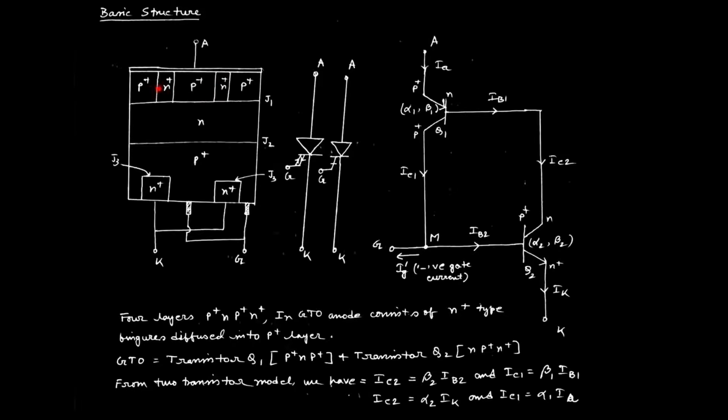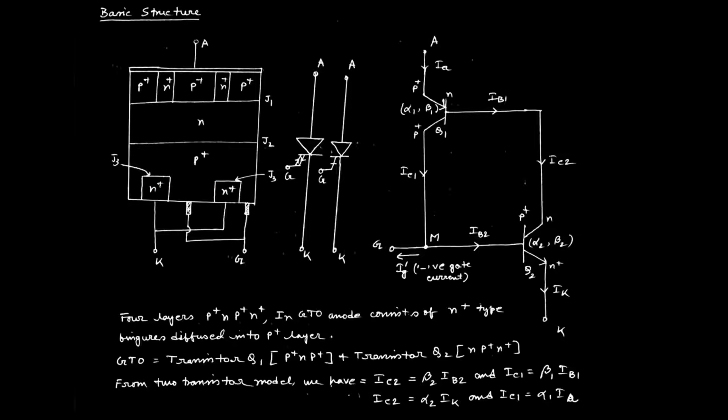Here, in the p region, by the diffusion technique, a highly concentrated finger-type n region is implemented, and the upper p region is highly doped. Whereas this middle n region is not that much doped, the lower p region and the bottommost n region are both highly doped.